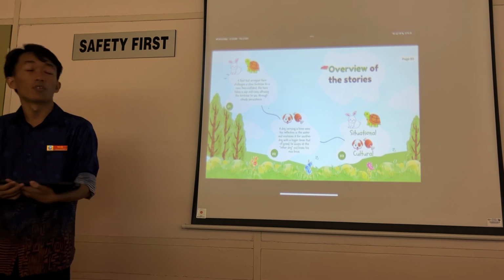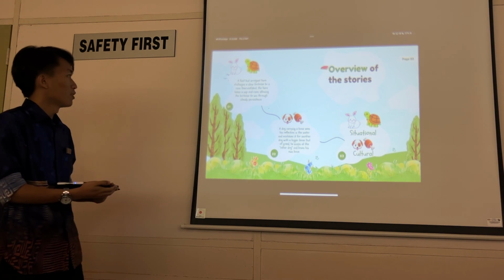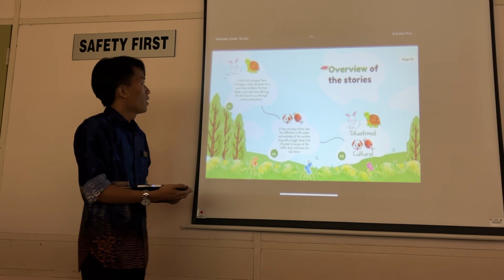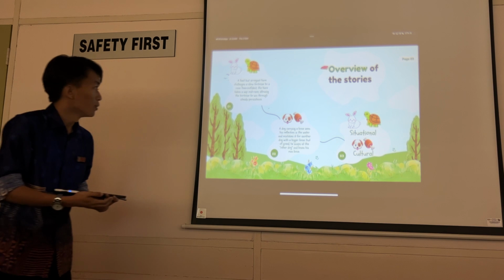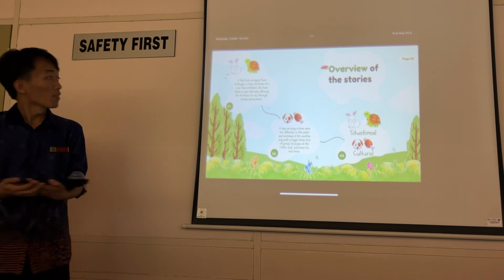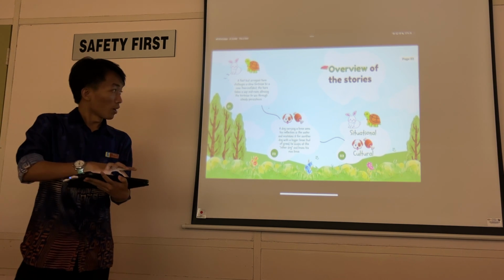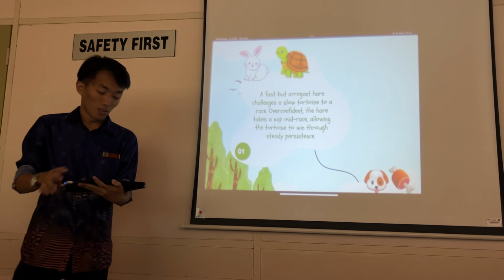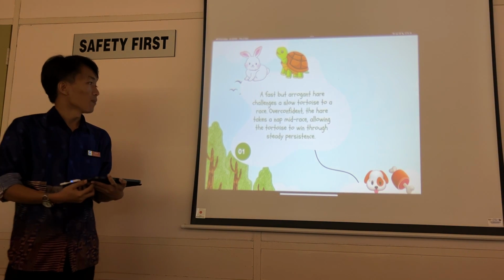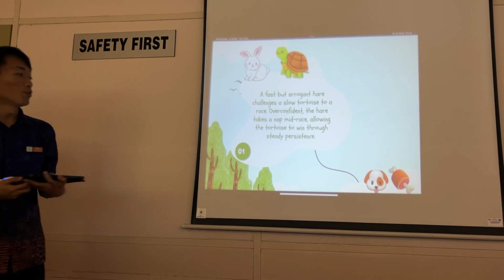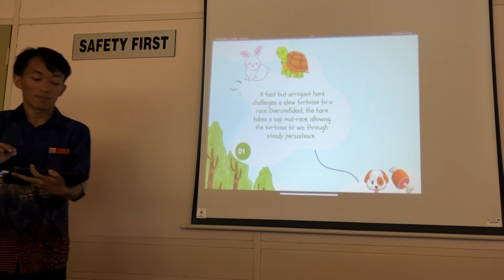For the first story, it is the hare and the tortoise. A fast but arrogant hare challenges a slow tortoise to a race. Overconfident, the hare takes a nap mid-race, allowing the tortoise to win through steady persistence.